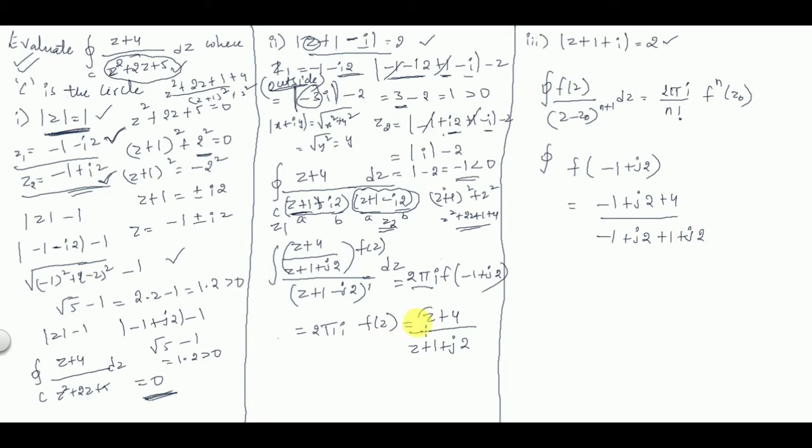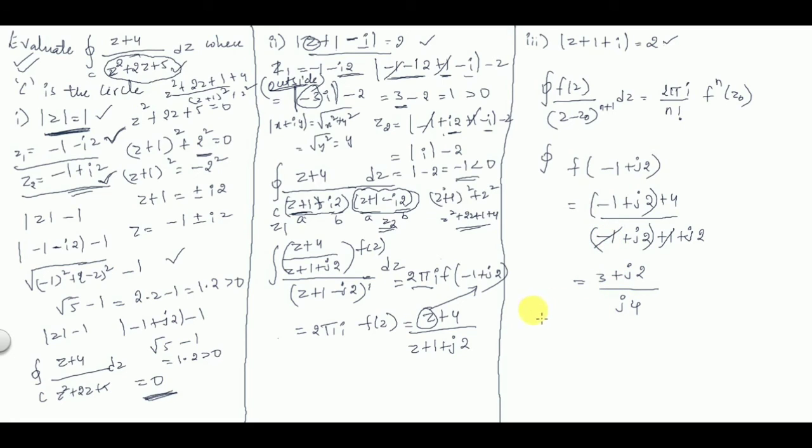Just in the place of z, substitute minus 1 plus j2. So this is totally z plus 4 divided by, this is totally z plus 1 plus j2. So plus 1 and minus 1 get cancelled off, so 4 minus 1 is 3, so 3 plus j2 divided by j4 you will get.